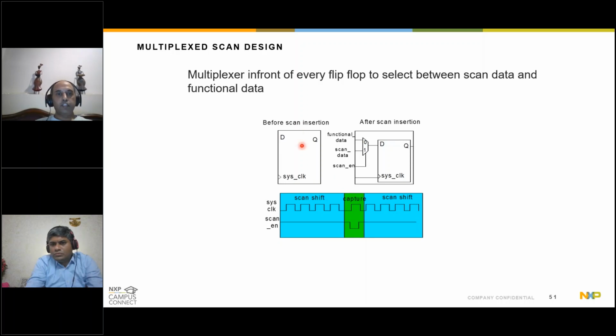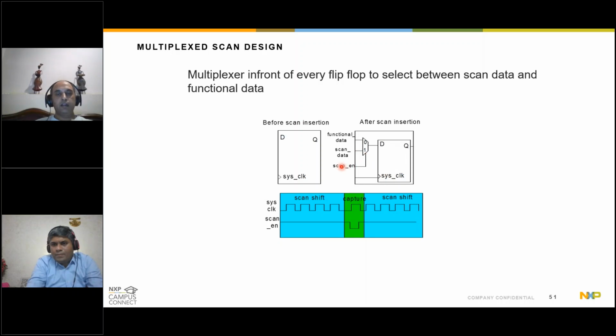So how do I make this flop scannable? In front of the D input, I add a mux, and I add a control signal which is called scan enable. So when the scan enable is 0, this D flip flop works the same as the D flip flop on the left side. The functional data gets latched in the flop with the clock trigger.